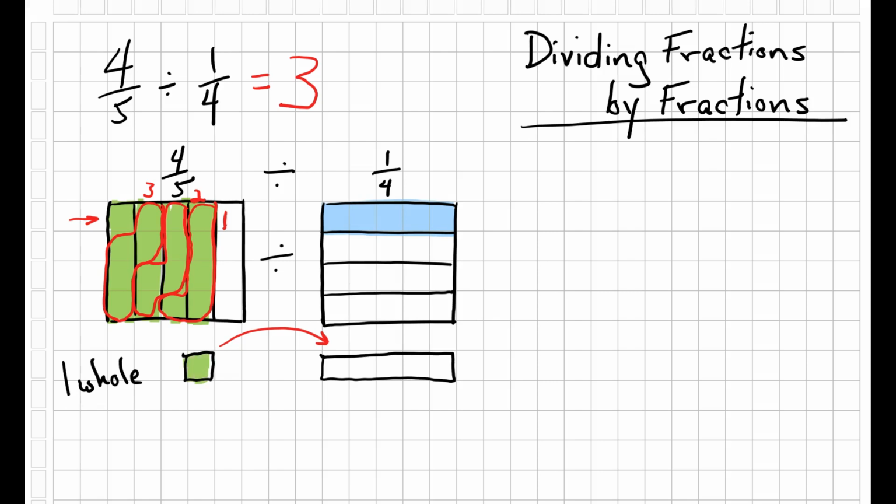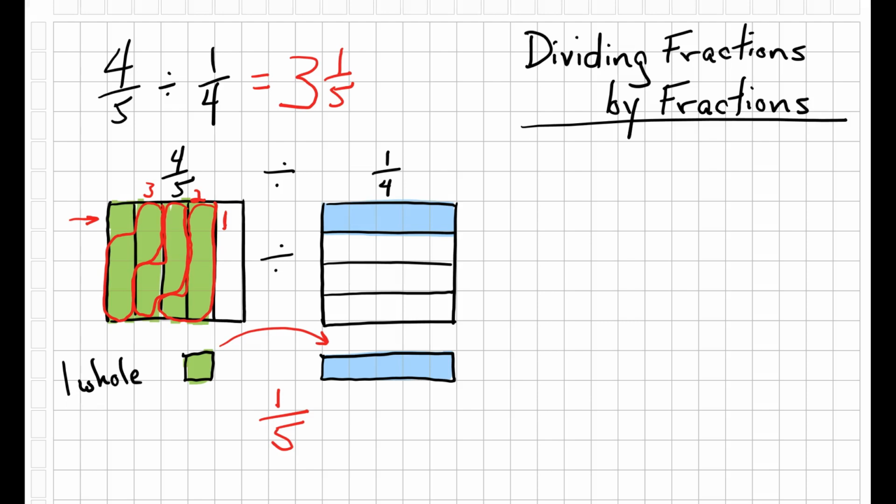So if I want to express this one small block as a part of these 5 blocks, that's one block out of 5 blocks, and that's my remainder. So the answer to my division problem, 4/5 divided by 1/4, is 3 and 1/5.